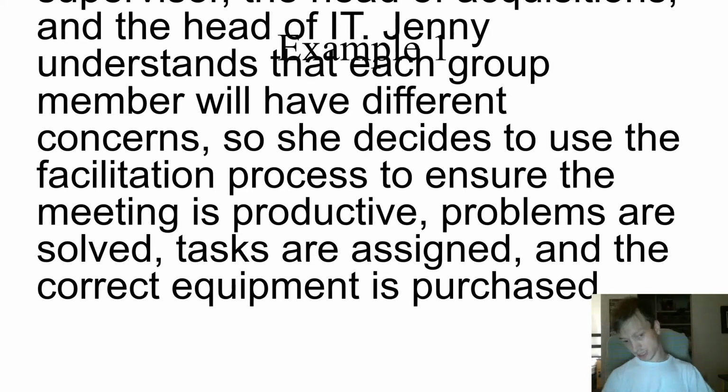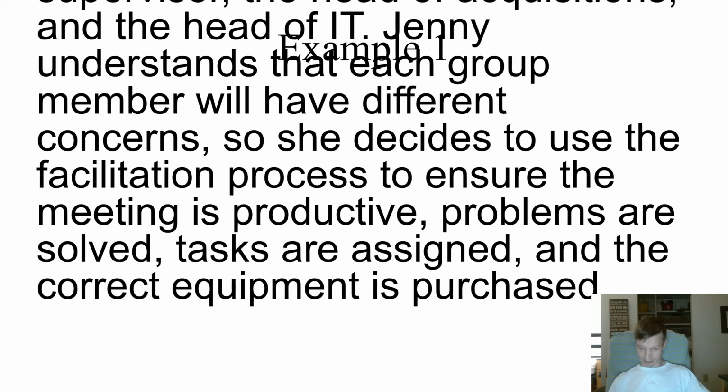So this text just gives you a general overview of how facilitation might be used. And in this example, you have groups from different departments that will have different concerns. So let's go through them.